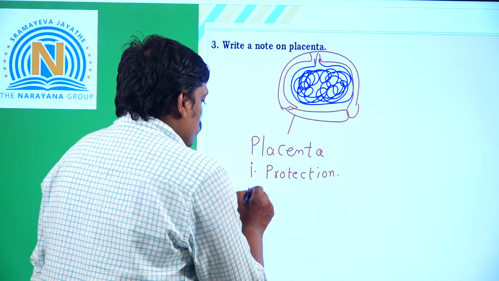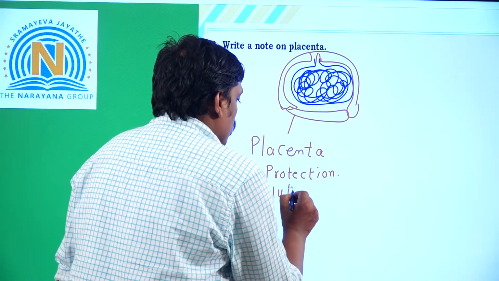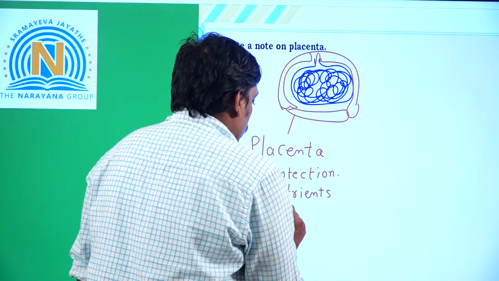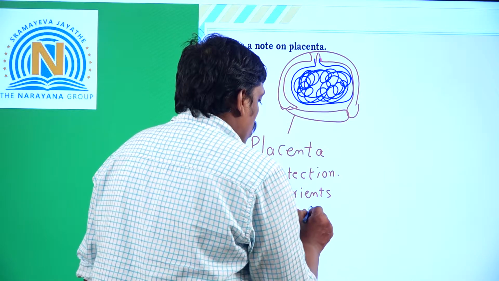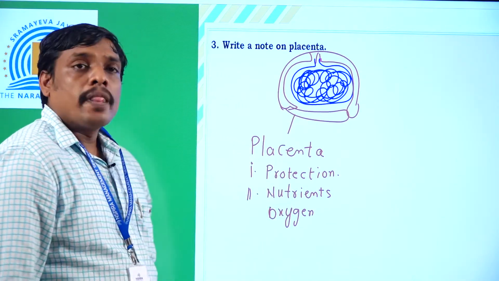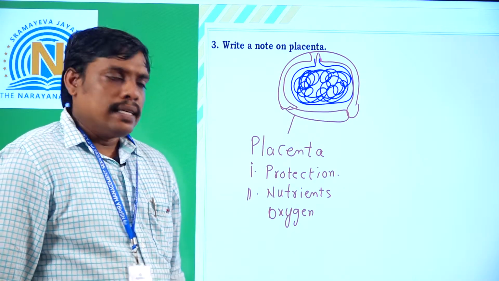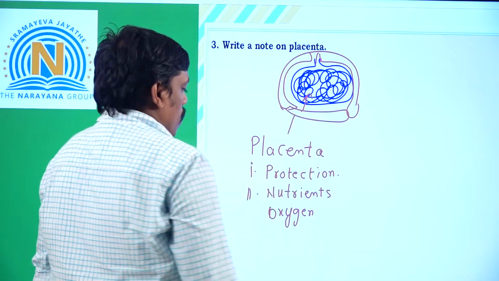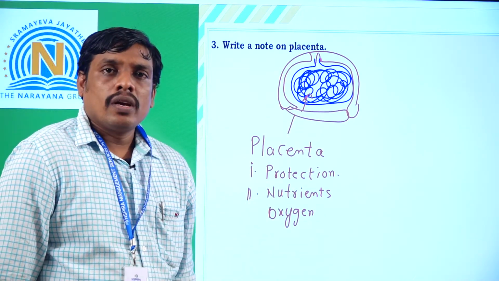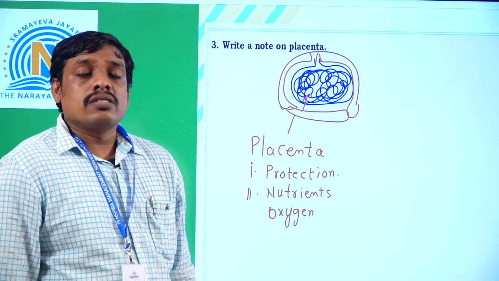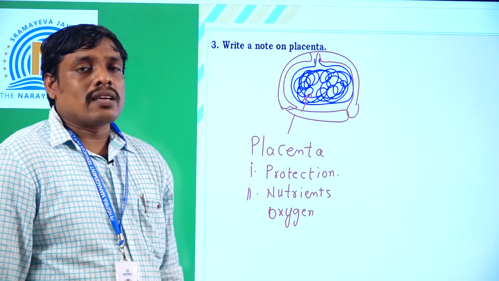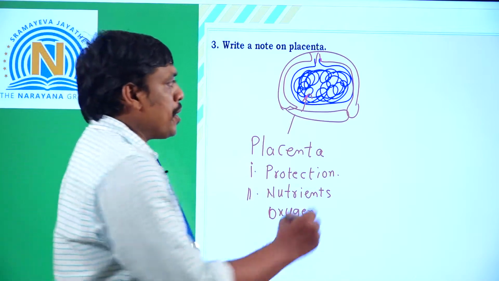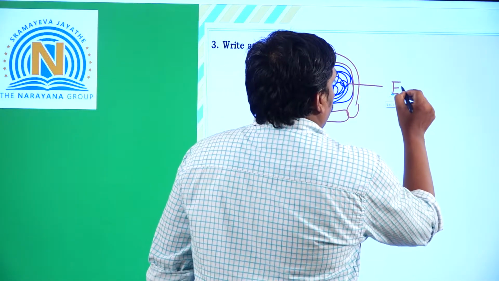These are supplied through the mother's blood circulation. There is no direct blood circulation from the placenta to the growing baby or embryo.